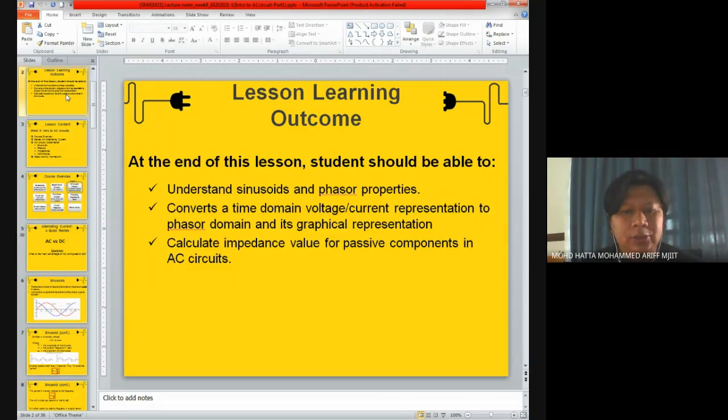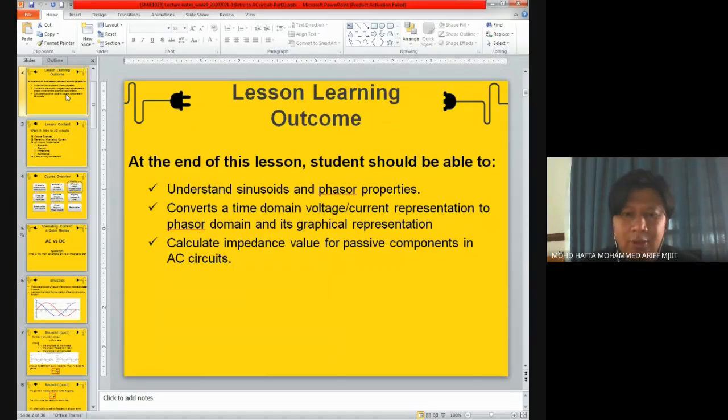And then we try to calculate impedance. This is something new. Previously, you got to know components like the resistor, which represents resistance in a circuit. Now, in phasor domain, we have three components: resistor, inductor, and capacitor.